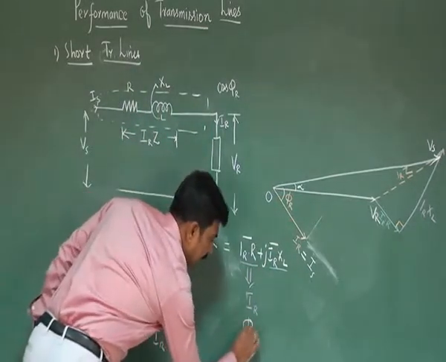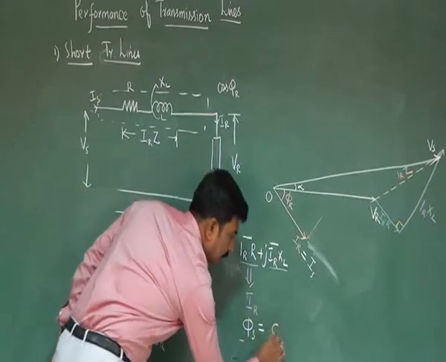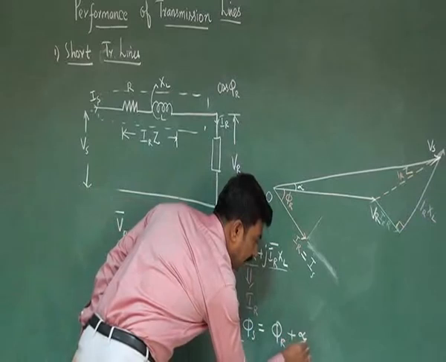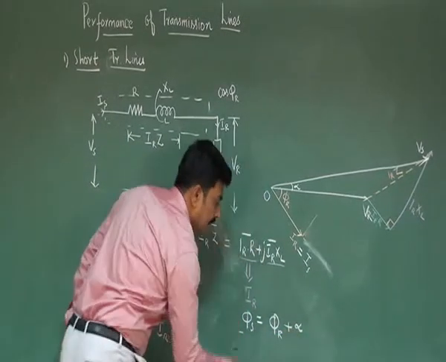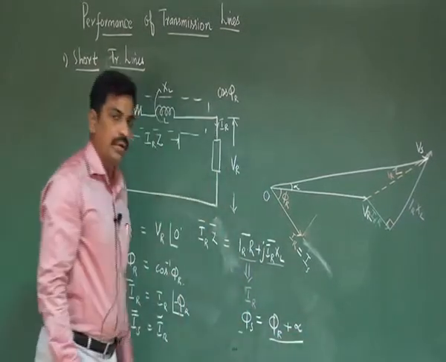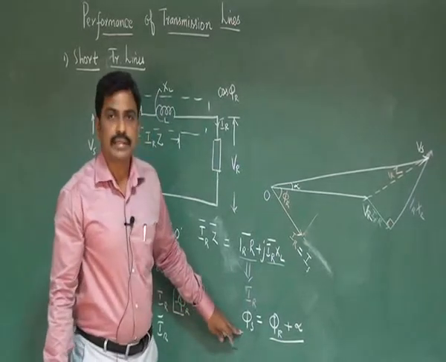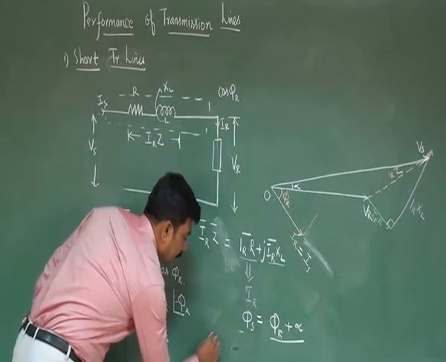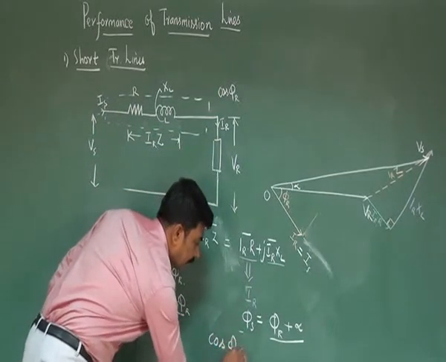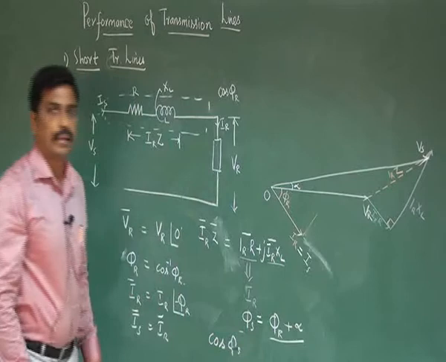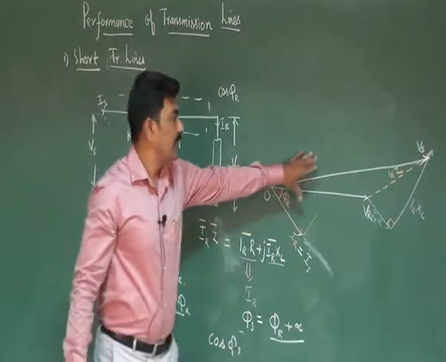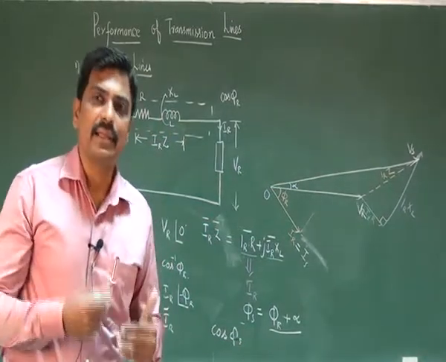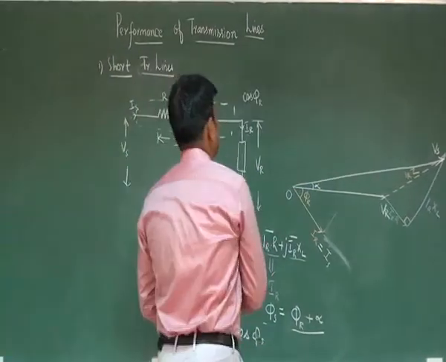So phi s is the sum of the receiving end power factor angle and alpha. Alpha is the angle between Vs and Vr. If you add these two values, you get the sending end power factor angle. If you know it, we can calculate the sending end power factor cos phi s. So from these quantities Vs, Is and cos phi s, we can easily obtain the efficiency.